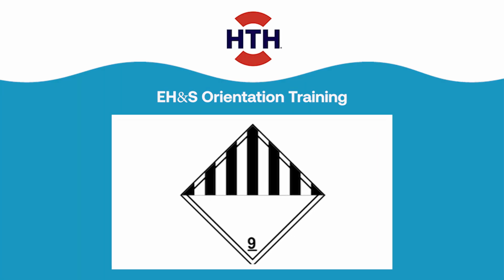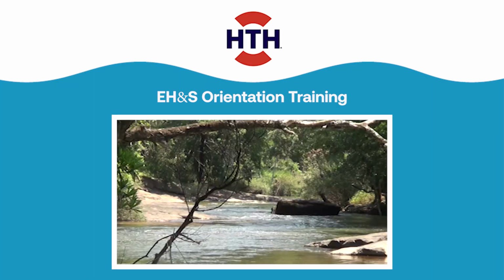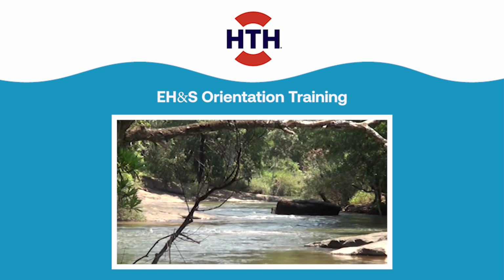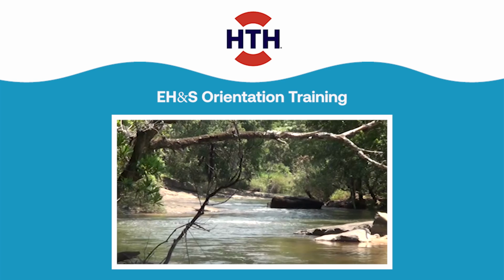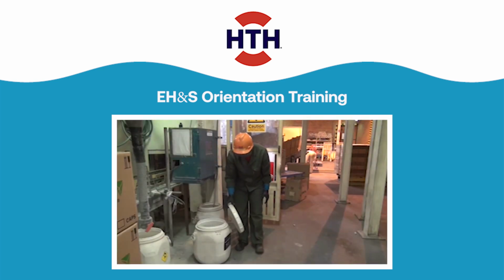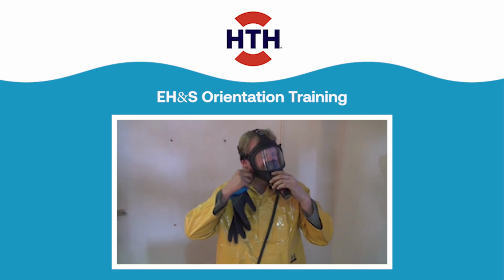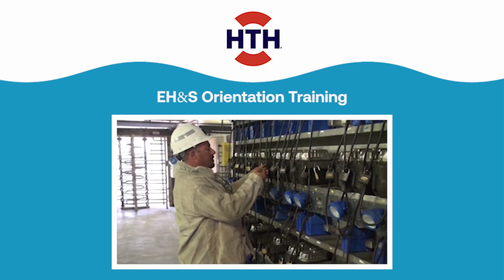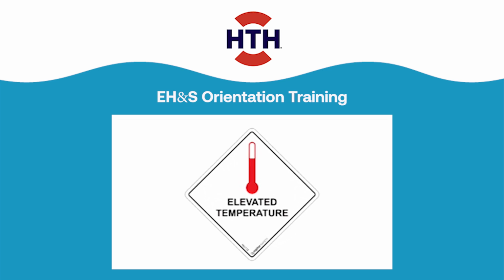Class 9, miscellaneous. These are goods which present a danger during transportation but cannot be classified in any of the other classes. They include environmentally hazardous substances, substances which have noxious effects, fine dusts which could endanger health by inhalation, life-saving appliances, wet battery-operated appliances, and substances carried at elevated temperatures.